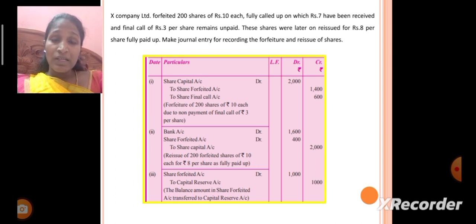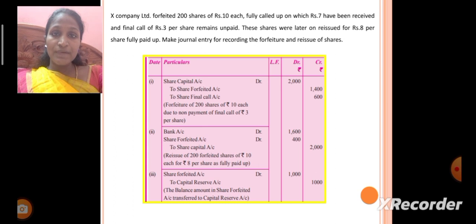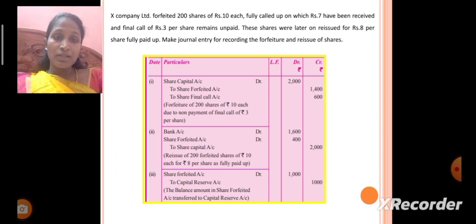Next, the capital reserve entry. After forfeiting and reissuing the shares, the amount is transferred to capital reserve account. So the entry is share forfeited account debit to capital reserve. The amount is 1000. How did the 1000 come here? In the first entry, share forfeited amount is 1400.